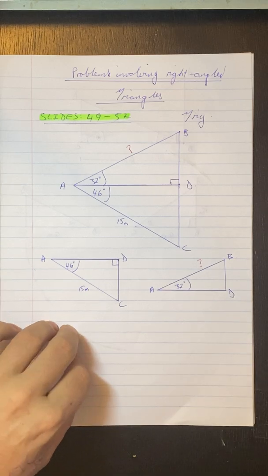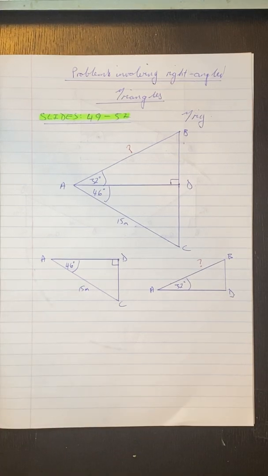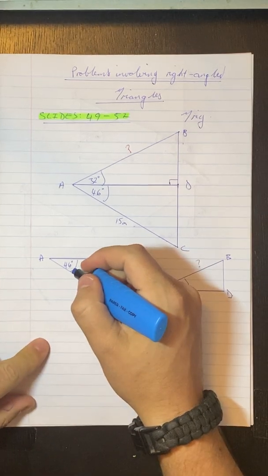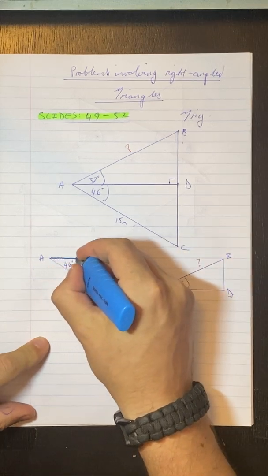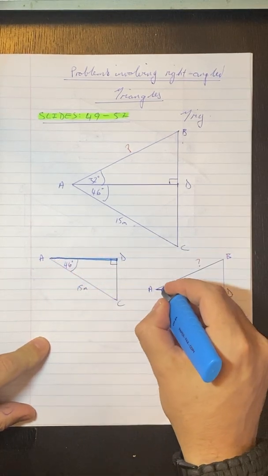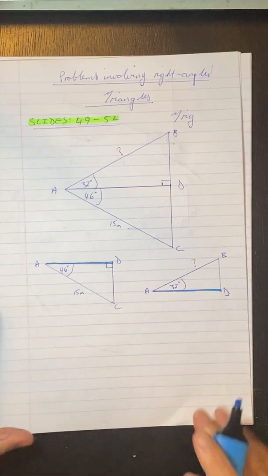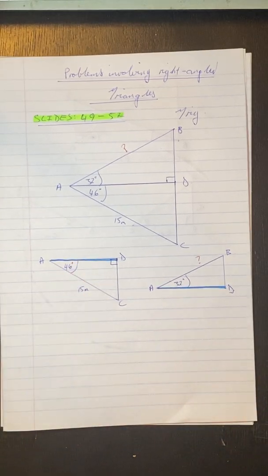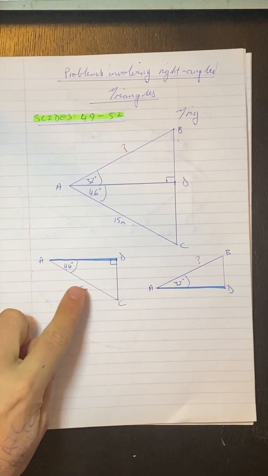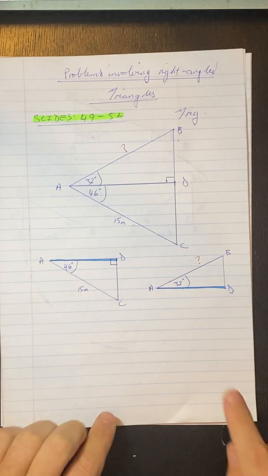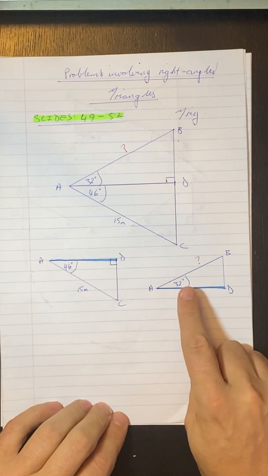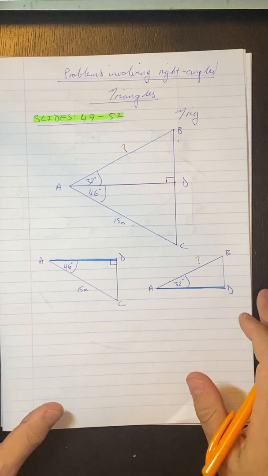As you can see, the link between these two triangles is this AD side. If I can find the length AD in this triangle, because I have more information in this triangle to find it, then I can find that one. So that's how I'm going to do this.